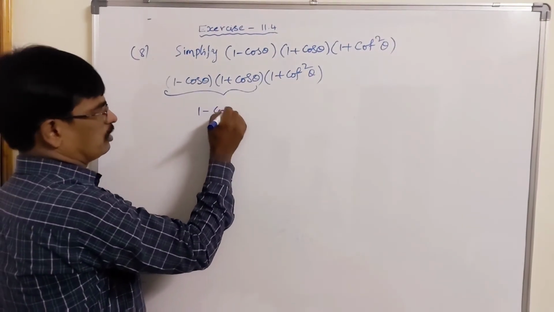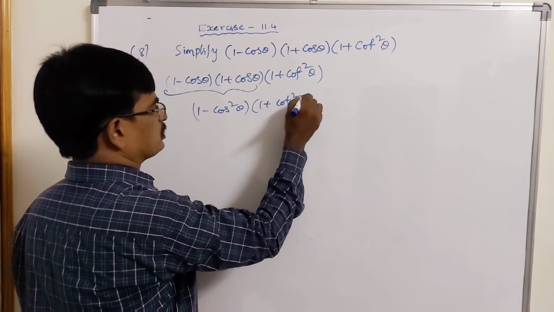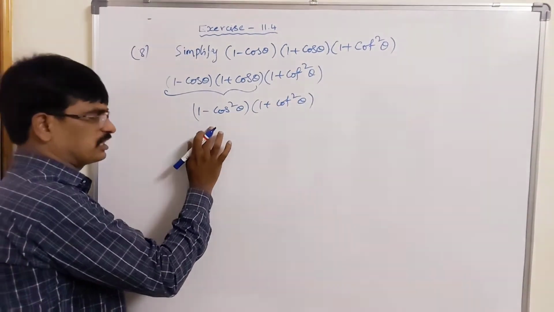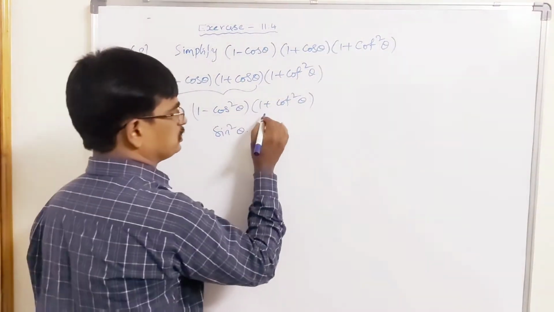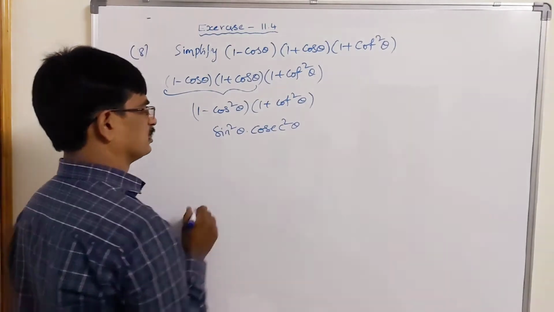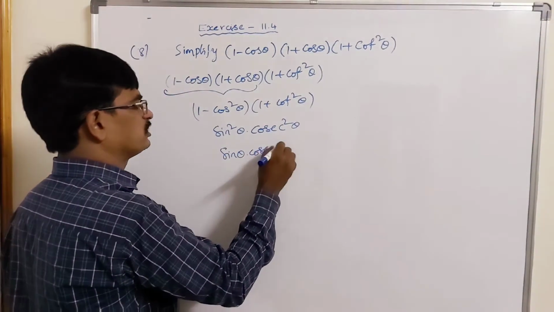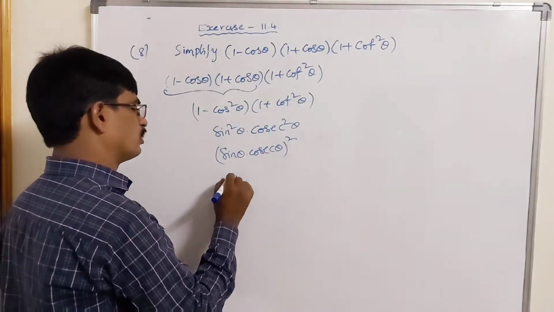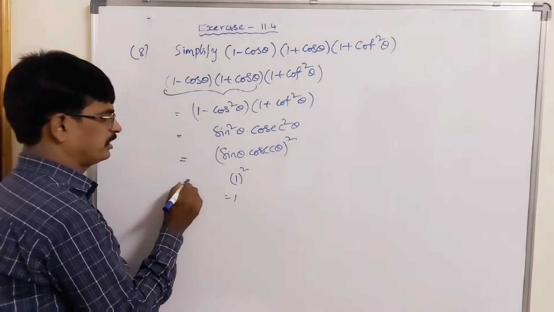That is 1 minus cos square theta we get here, into 1 plus cot square theta. But 1 minus cos square theta is sin square theta, and we know that 1 plus cot square theta is equal to cosecant square theta. That is sin theta into cosecant theta whole square, that is 1 whole square is equal to 1. Okay.